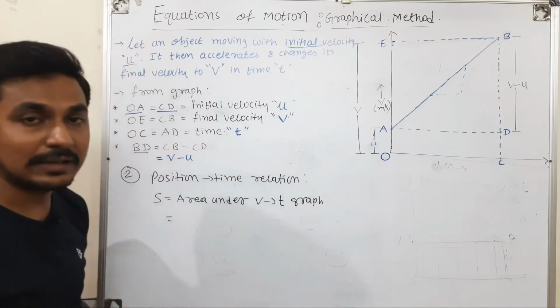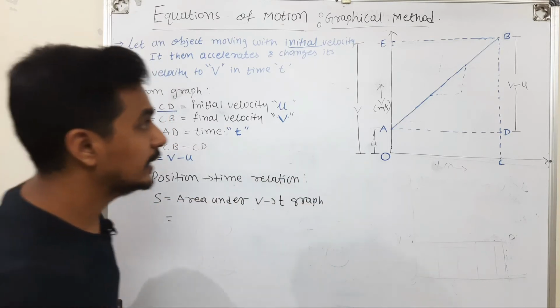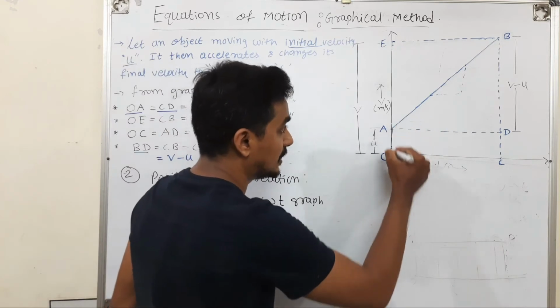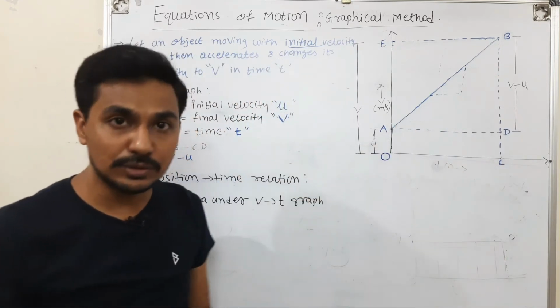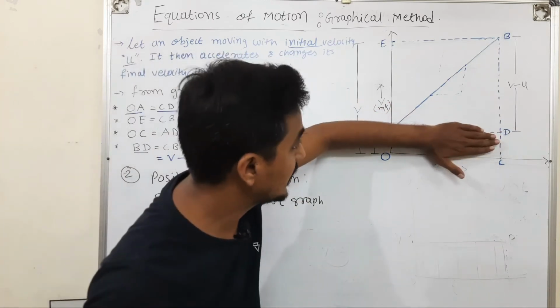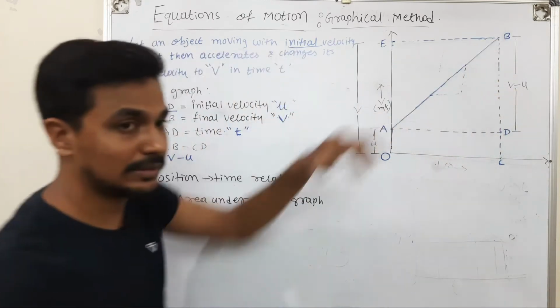Now the area under this graph is like a trapezium. See, this is like a trapezium. This trapezium can be divided into two parts: one is a rectangle and another is a triangle.